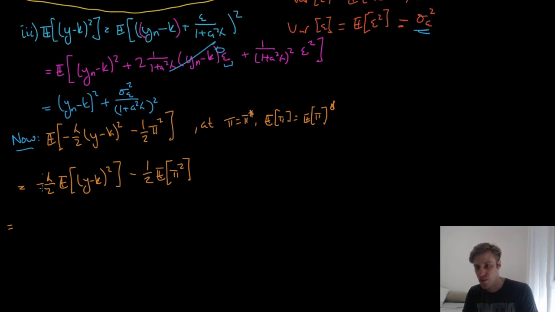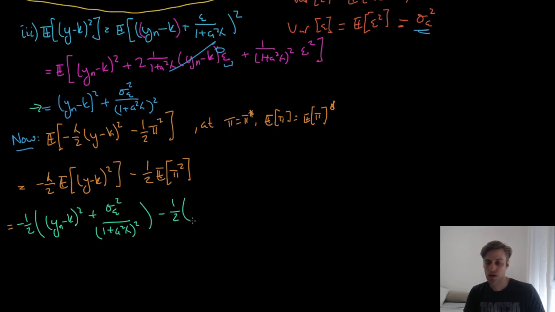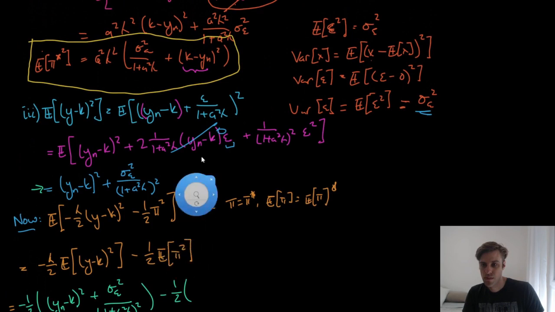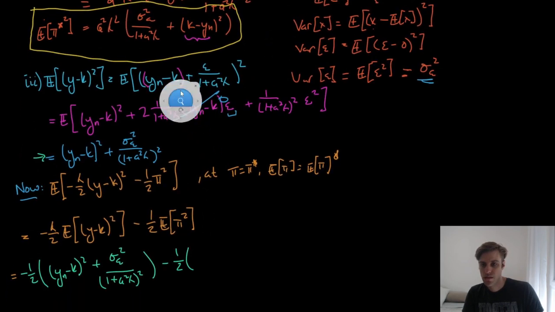So we bring in minus 1/2 times, we computed this, (yn minus k) squared plus sigma epsilon squared over (1 plus a squared lambda) all squared. We subtract the expected value of pi squared, which we also computed. That's right here.